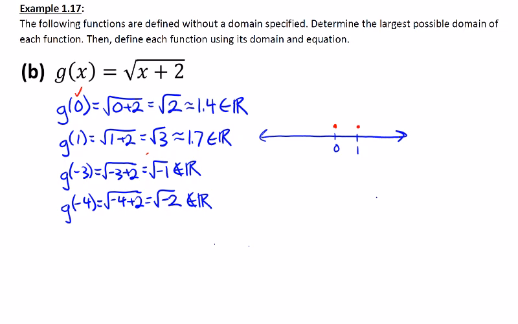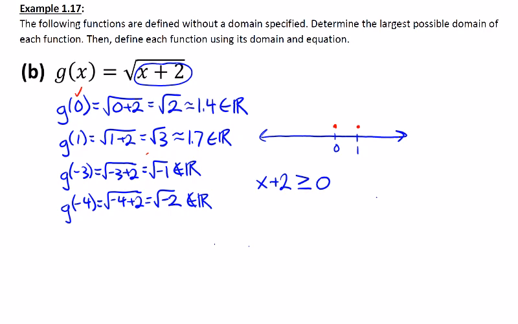So there is an algebraic way for us to determine exactly which values will be okay and to determine which ones are not okay. So if I take the expression x plus 2, which is the expression that is underneath the radical, I should be able to take that and set it to be greater than or equal to 0, because that's what the square root by definition allows.